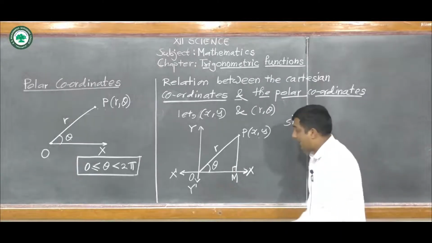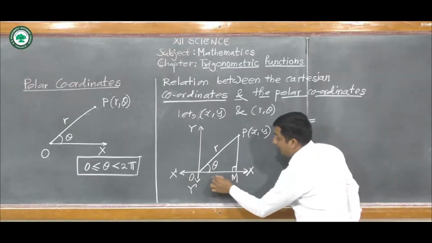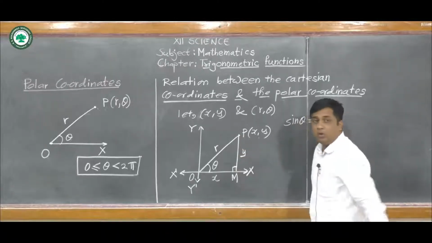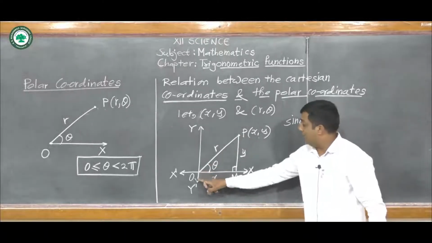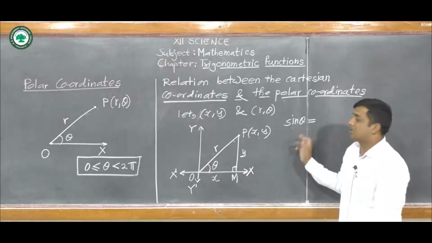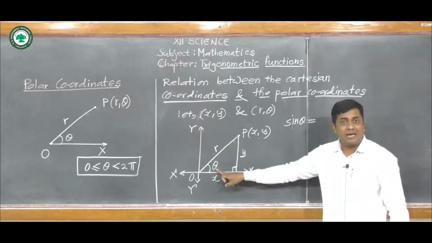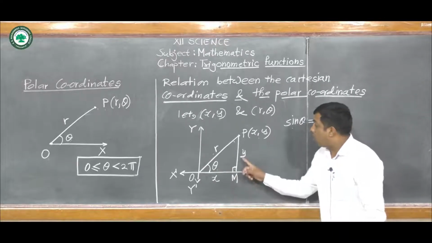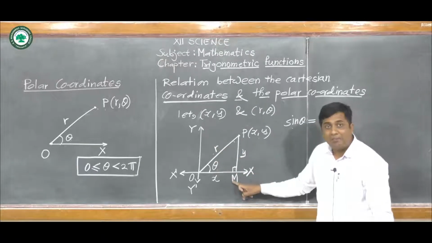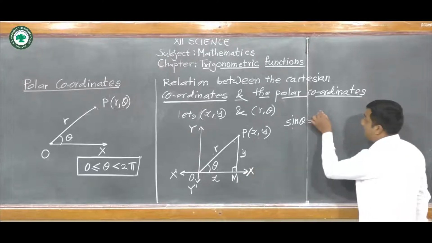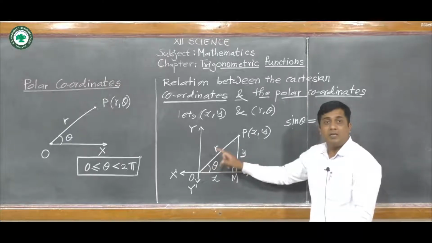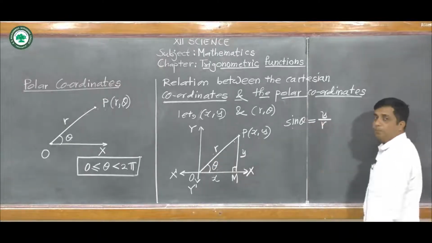Here OM has length x, PM has length y, and the hypotenuse is OP, which we denote by R. For sine theta we know opposite side upon hypotenuse. Here the opposite side is PM, with length y. So y divided by the hypotenuse OP, that is R.